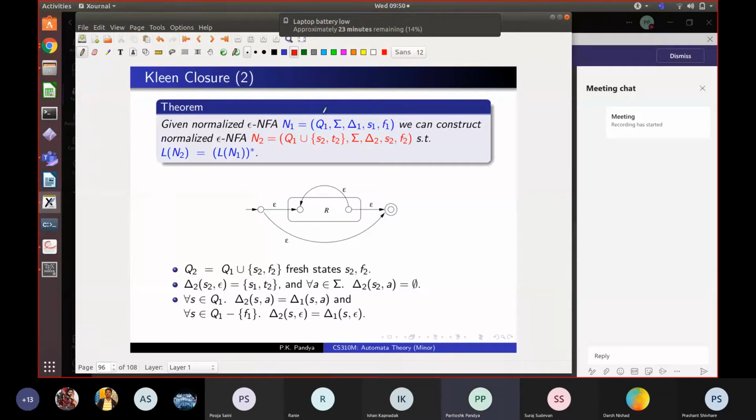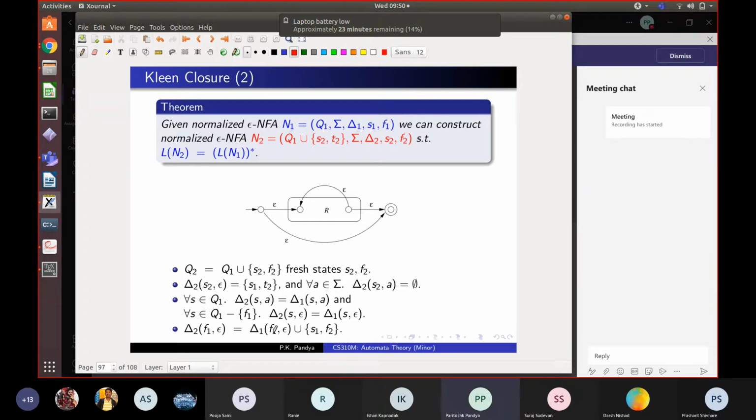And for all the states in Q1, on a visible letter A, you do exactly as you would do in N1, no change. On states other than F1, what you will do on epsilon will also be identical to N1. On F1, there is a change.